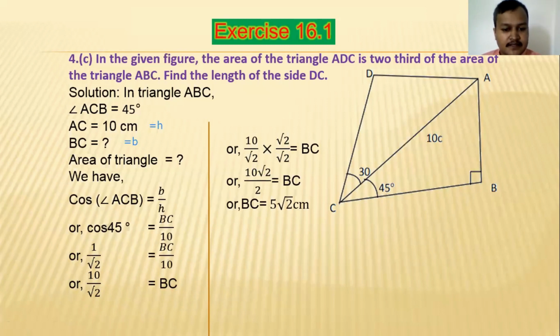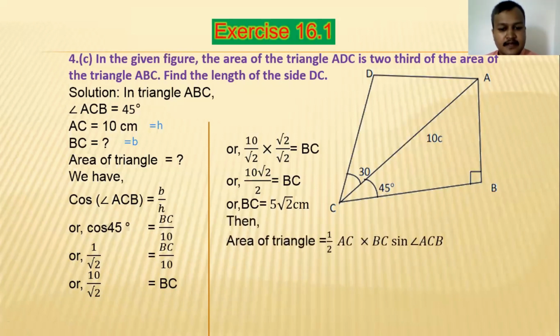Now if you get the length of BC, you can find out the area of triangle. Area of triangle is equal to 1/2 AC into BC sine angle ACB. 1/2 product of two sides into sine of the angle between them. Put the values of AC, BC and angle ACB.